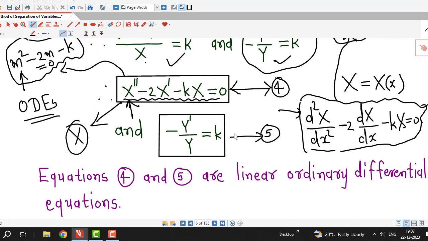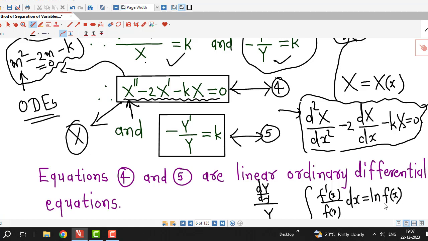Similarly, we have to solve equation number 5. Here the dependent variable is y, and this is easy to solve. We can see we have a derivative of Y in the numerator, and for that we apply this formula: if we have f dash x divided by f x and we want to integrate it, then we write the log of the function in the denominator.